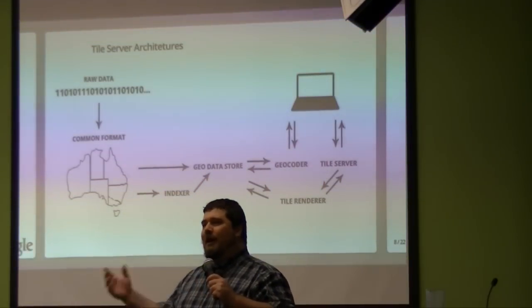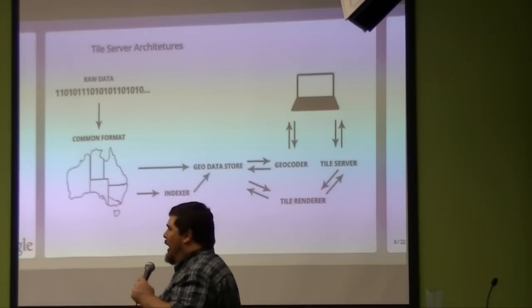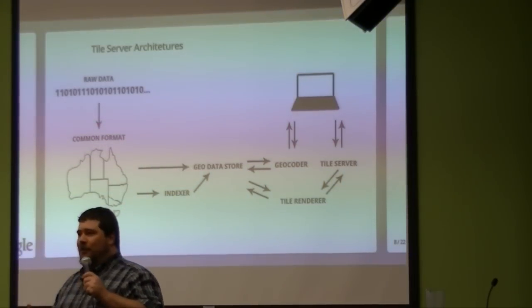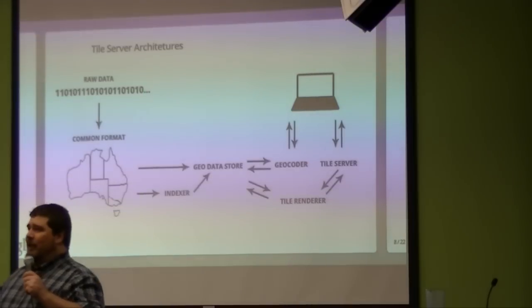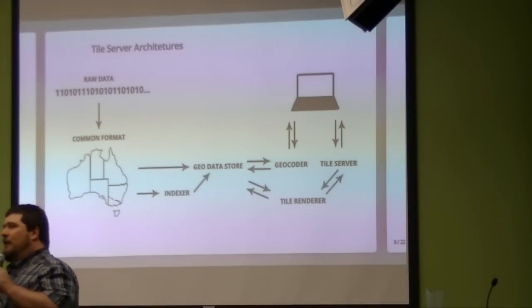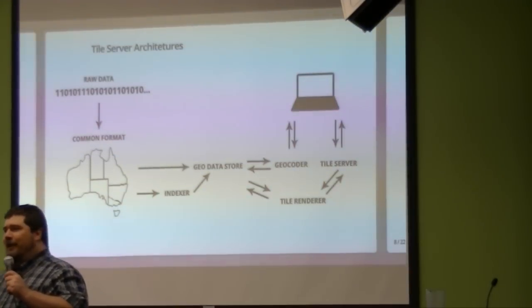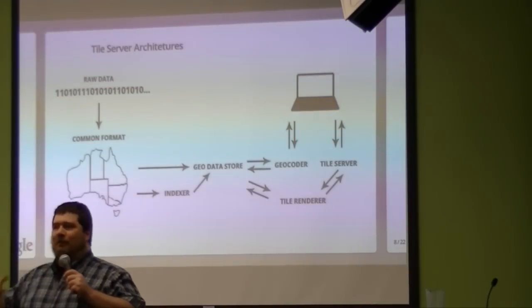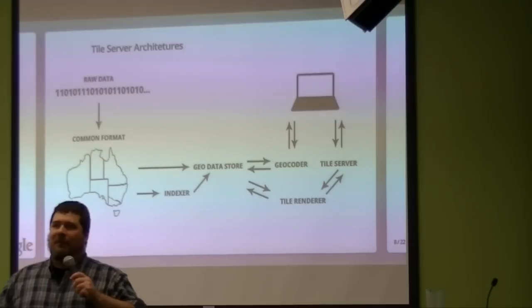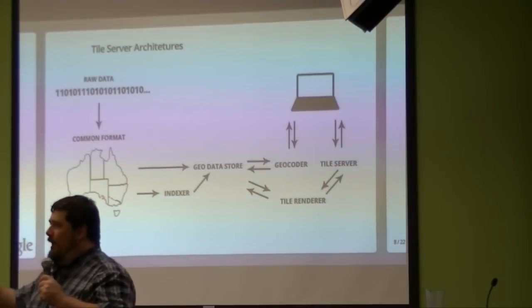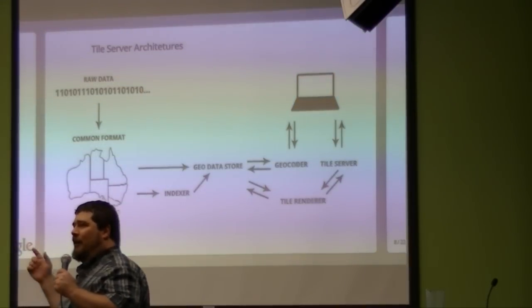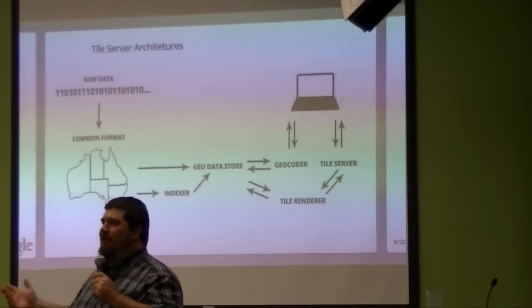It takes a lot of work to render them. What a lot of servers do, Google doesn't do this, is they pre-render a set of tiles, say once a day, once a month, however often they're refreshing their imagery. Google actually used to do that. Right now we render the tiles on the fly.